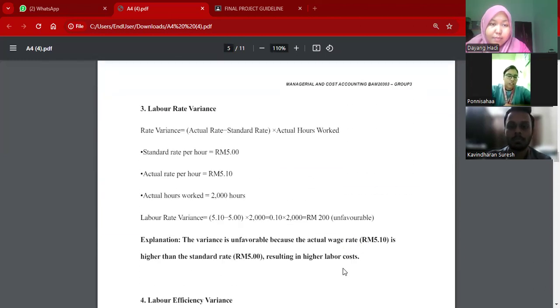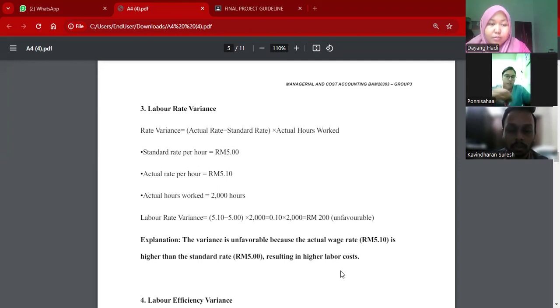Kavindharan. Okay, thanks. Good afternoon, sir. My name is Kavindharan, and I present on the labor rate variance. For the labor rate variance, we need the actual rate minus the standard rate, multiplied by the actual hours worked. The standard rate per hour is 5 ringgit, the actual rate per hour is 5 ringgit 10 cents, and the actual hours worked is 2,000 hours.